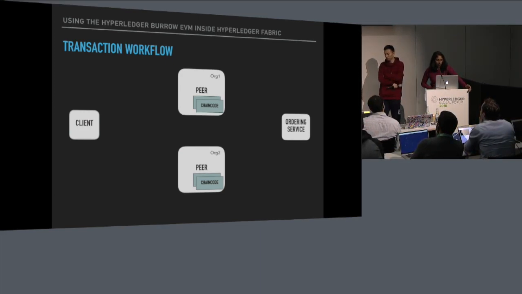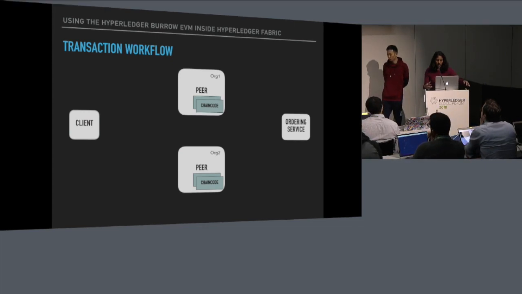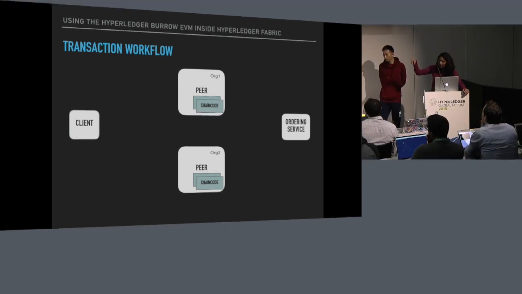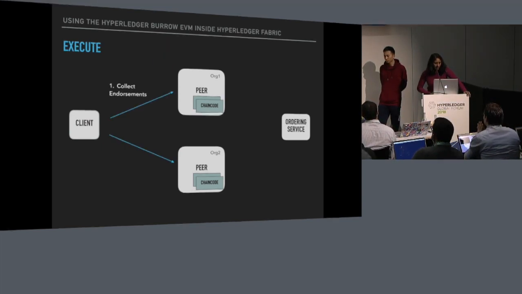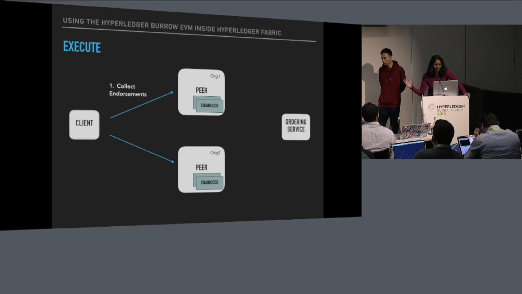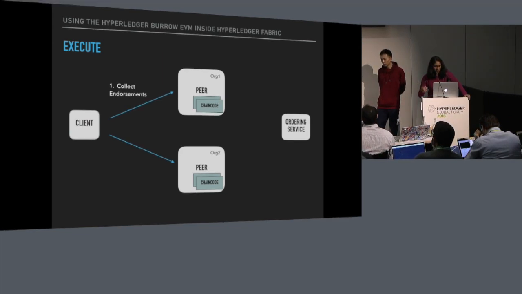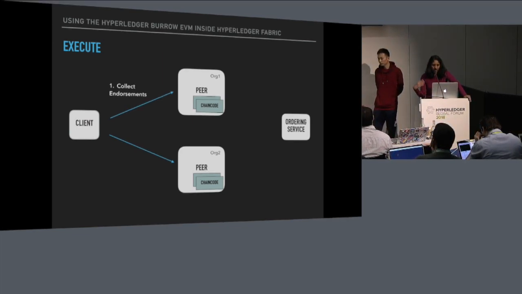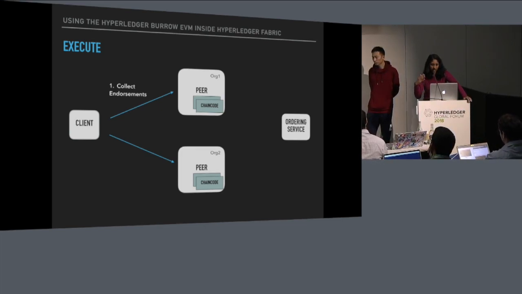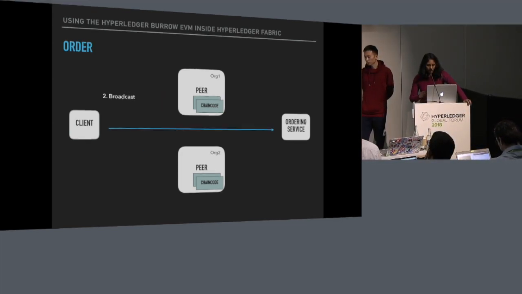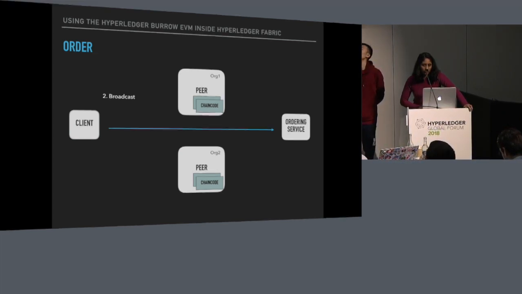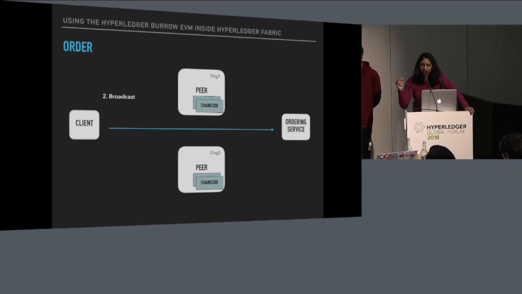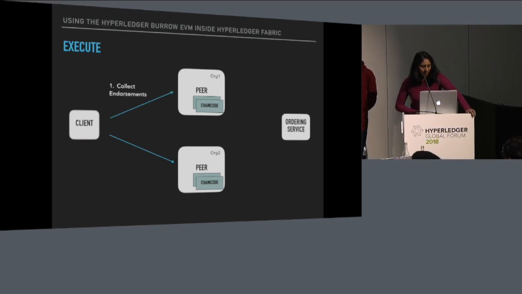If they want to invoke or have any kind of transaction, we already have chaincodes installed on the peers, and we have an ordering service. The first thing the client has to do is collect the endorsements from these peers. Once they get enough endorsements, that means they're allowed to submit their transaction. They broadcast it to the ordering service, and then the ordering service creates a block with that transaction in it.